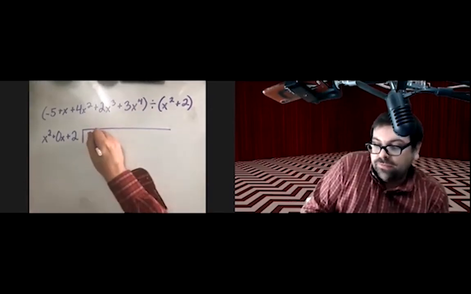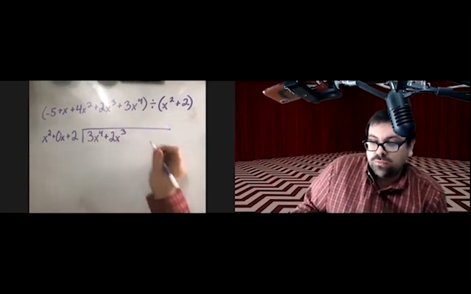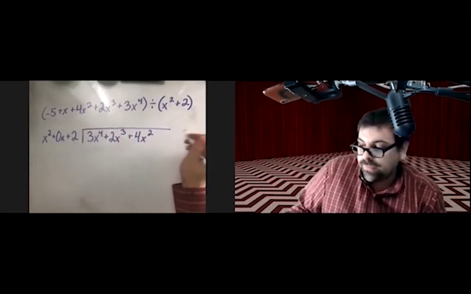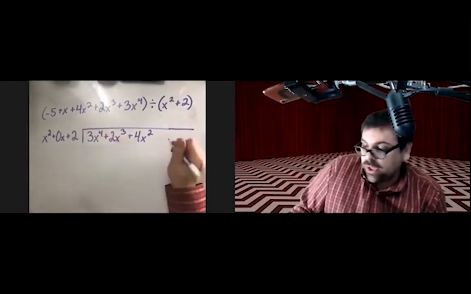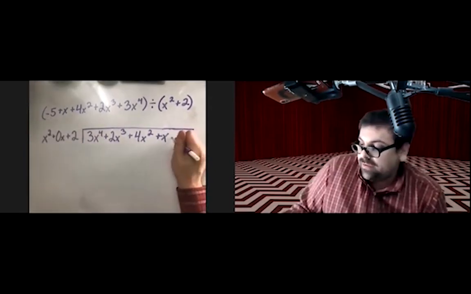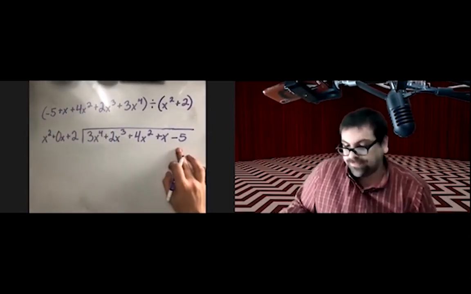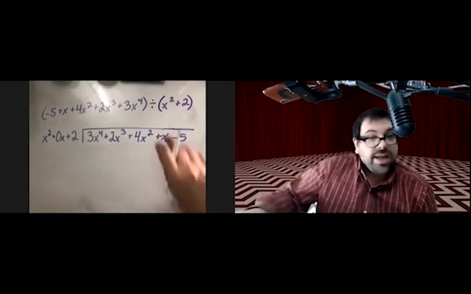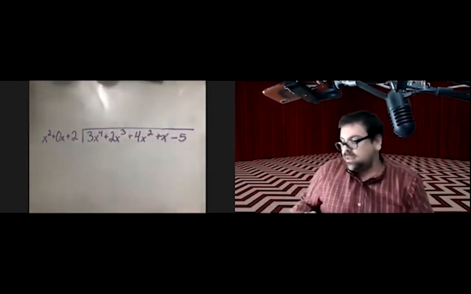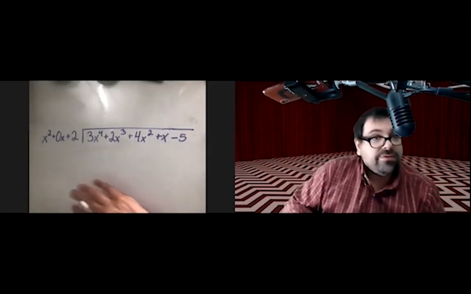So it would be positive 3x to the 4th plus 2x cubed plus 4x squared plus x minus 5. All of these terms are plus except for the minus 5. So now we can do our work. I have a feeling there's going to be some form of a rewrite in my future, but we'll avoid that for as long as possible.